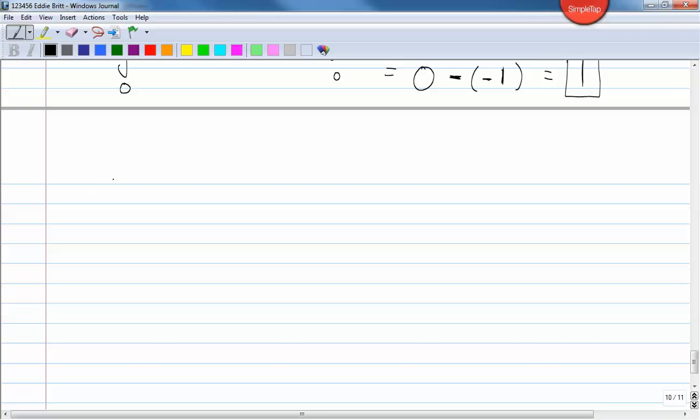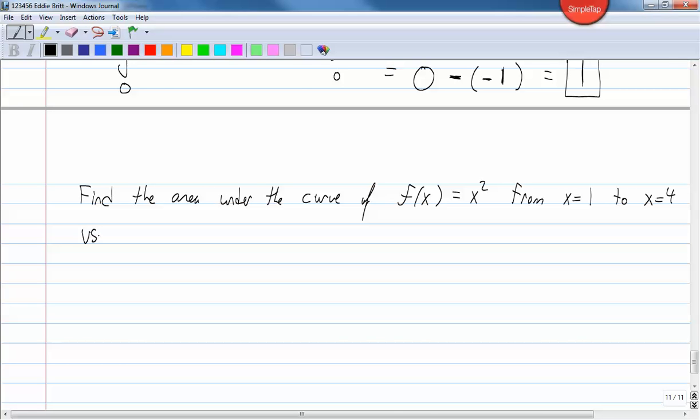So I won't work it all the way, but what if we wanted to find the area under the curve of f of x equals, let's make it something easy, like x squared, from x equals 1 to x equals 4 using 8 rectangles.